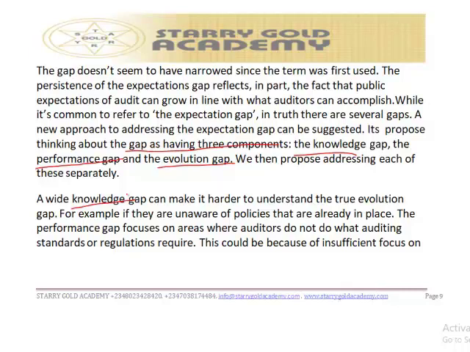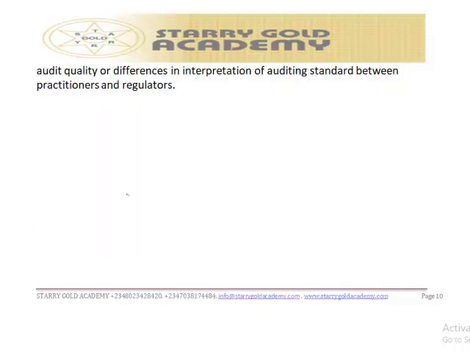And this could be because of insufficient focus on audit quality or differences in interpretation. The audit quality, the way you have planned the audit, your strategy and all, could actually influence it. And that one is when there's no proper interpretation of the audit standard. This could be on the part of the practitioner, it could also be on the part of the regulators, as the case may be.